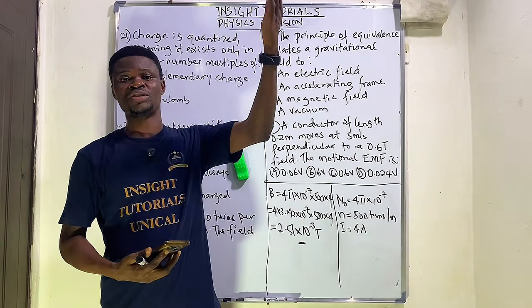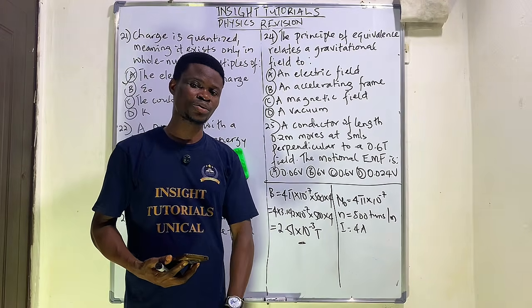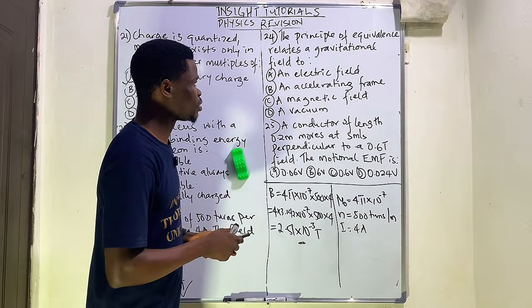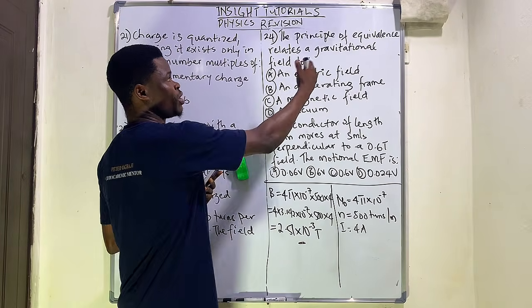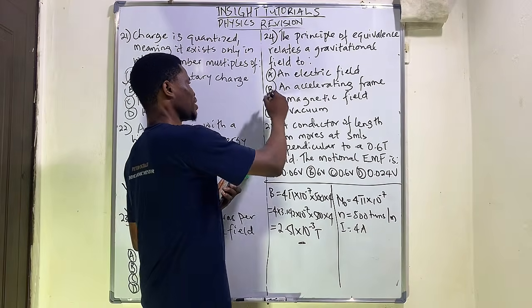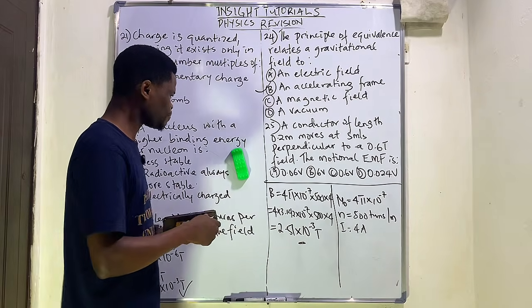As the person is accelerating, gravity is also keeping the person on the base of that elevator. So the principle of equivalence relates a gravitational field to what? An accelerating frame. That's the correct answer to that question.